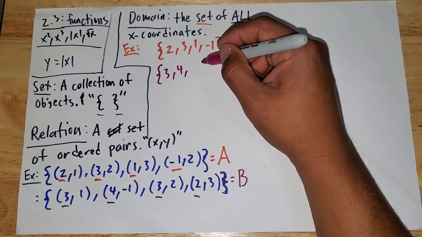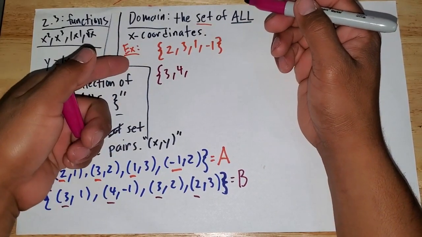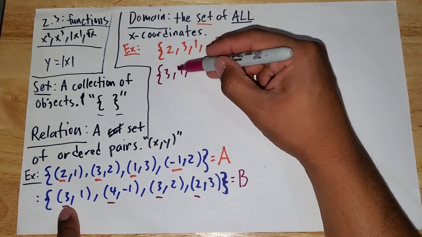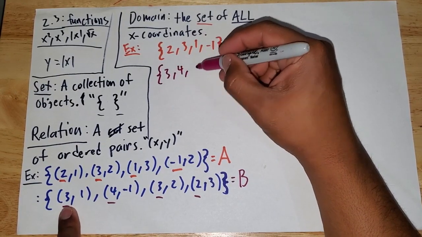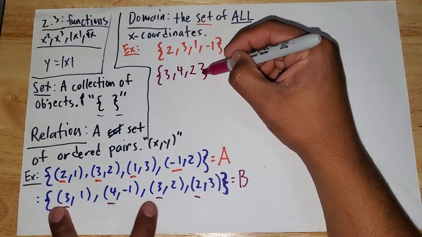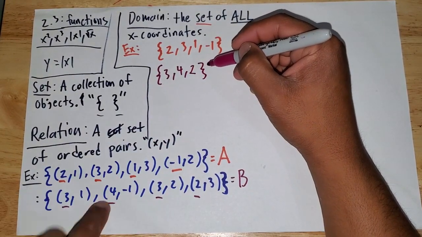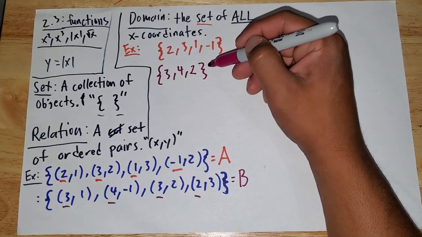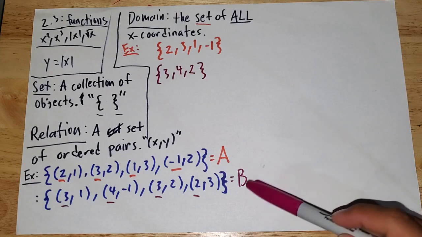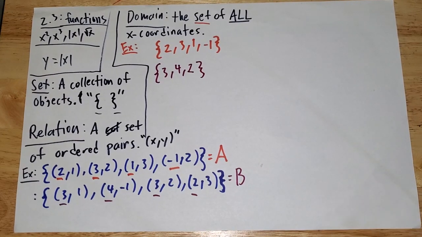For a relation, you're not going to repeat an ordered pair. For a domain, you're not going to repeat an x coordinate. If there's already a 3 in your set, I'm not going to write 3 again. I'm just going to write 2, because this 3 is being taken care of by that one. Then I have 4, and then I have my 2. And that's the domain of my relation B.